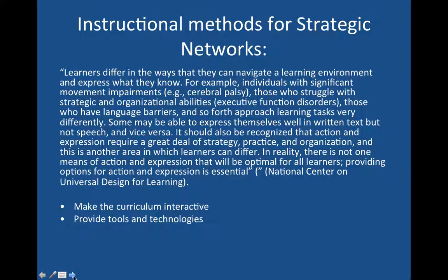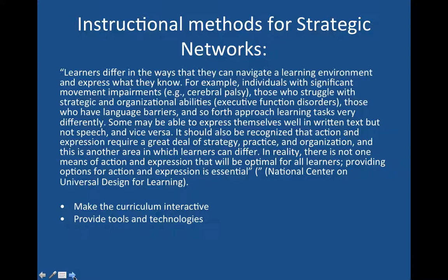And some may be able to express themselves well in written text, but not speech, and vice versa. So there should be a lot of areas here as teachers where we allow students means of action and expression. Again, coming up with choices for each of the students to provide options for them. That's essential for learning.